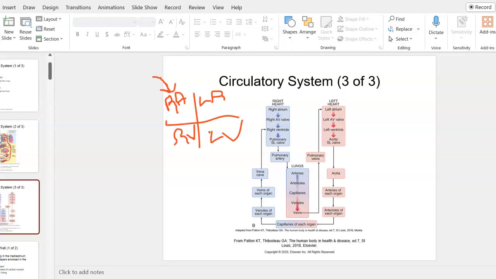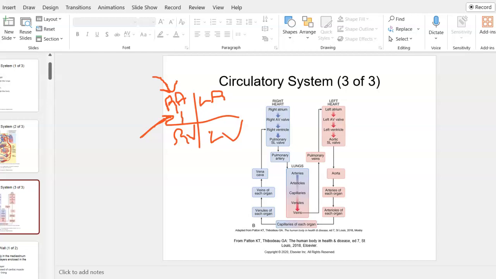Superior vena cava enters into the right atrium, bringing used up blood from the upper extremities, the head and neck. And then the inferior vena cava comes into the right atrium as well, bringing used up blood from the lower extremities and the liver.